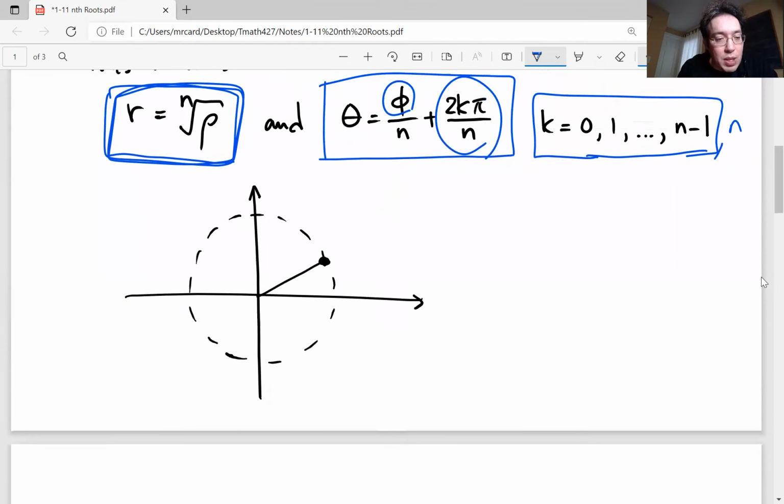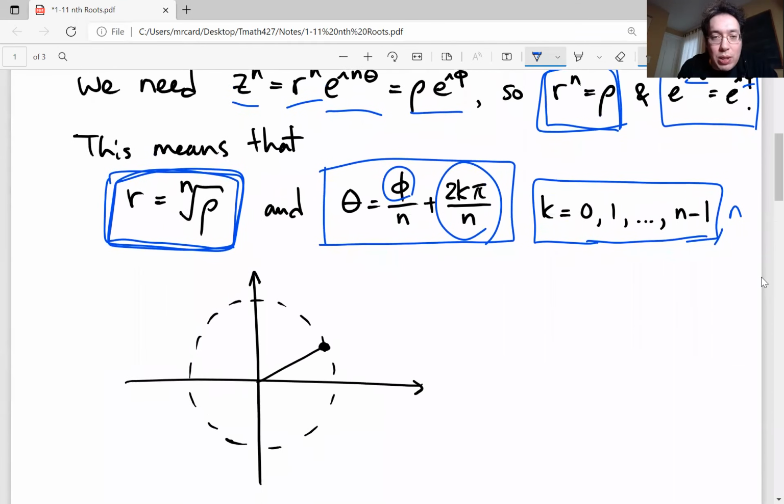Okay, so I want to draw what the nth roots look like, right? So the modulus is fixed at the nth root of rho. So that's rho to the 1 over nth power. And the different angles are all separated by 2 pi divided by n, right? So for example, if I'm taking the fifth root, I take 2 pi, that's a full revolution, and divide that equally into 5 pieces.